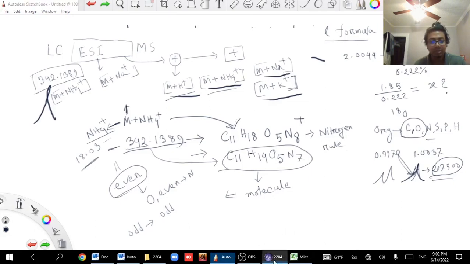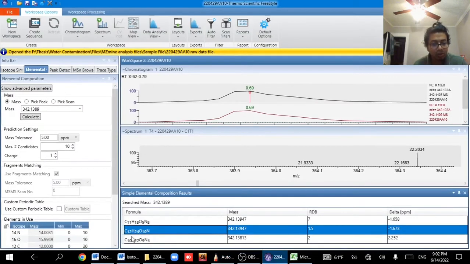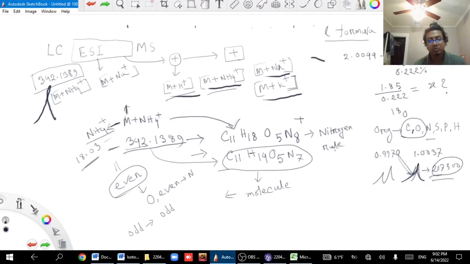Again, I need to see another one, which is C12H24O10N, and this one has an odd number of nitrogen. So you can easily eliminate that one because it does not follow the nitrogen rule. So most of the time you will find the exact or possible formulas if you apply only the nitrogen rule here.